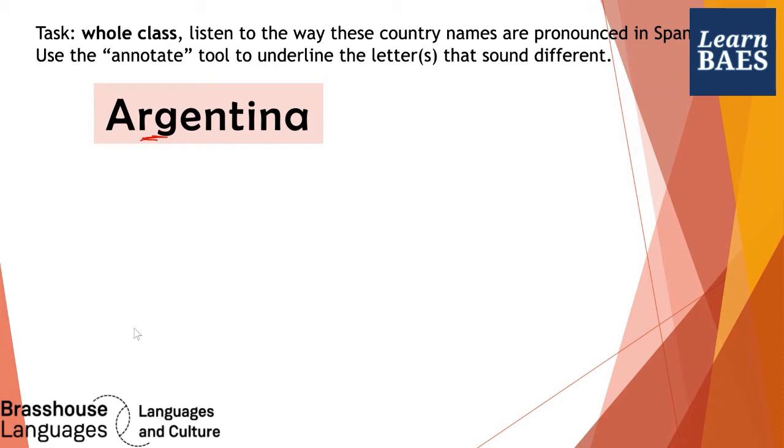So can we underline the R as well? That's great. Muy bien. I think there's another one, although the difference is a little bit more subtle. Argentina. Oh, on the T. Ah, exacto. Exacto. It's Tina, not Tina.